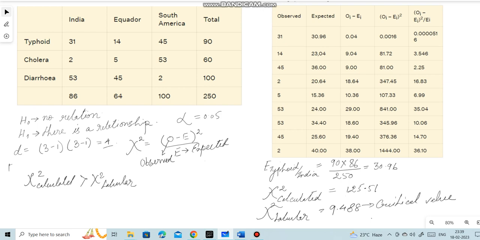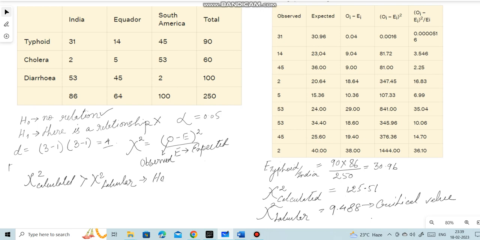If our calculated value is greater than the critical value, in that case we accept the null hypothesis. That is, we do not have enough evidence to reject it. Okay. In this case it is so, our calculated value is way bigger than the tabular value, hence we accept the null hypothesis and reject the alternate hypothesis.